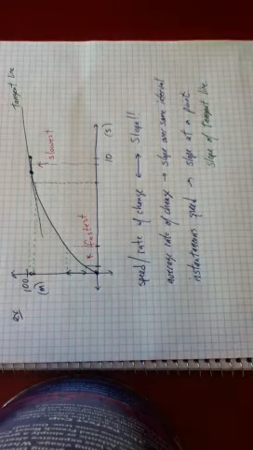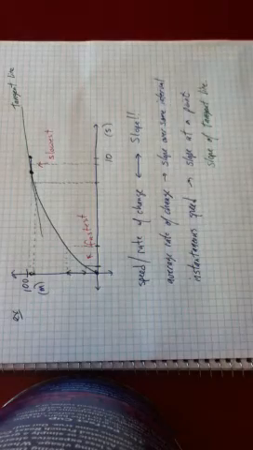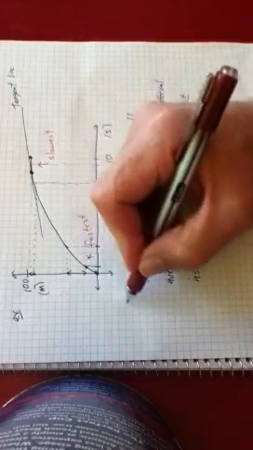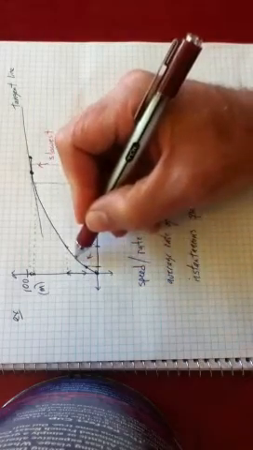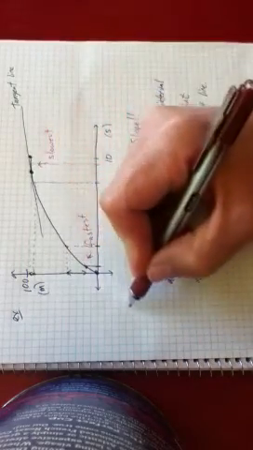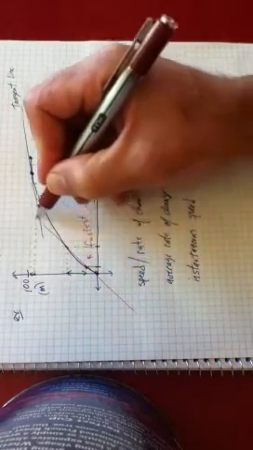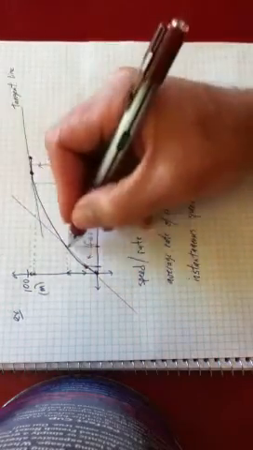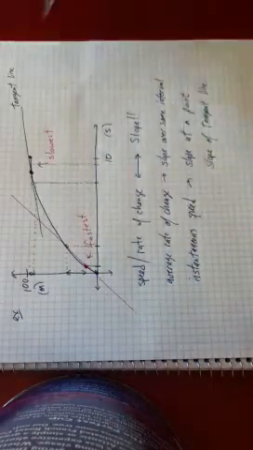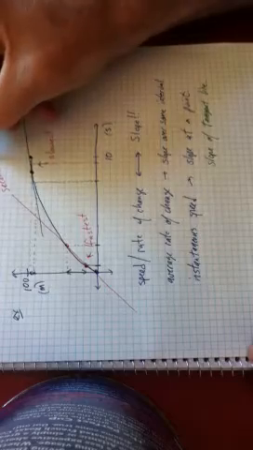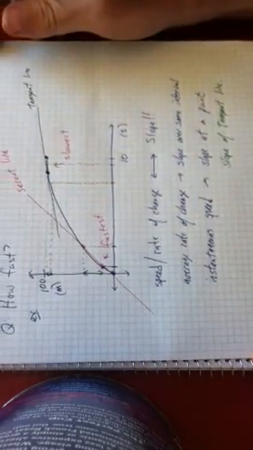We have the corresponding concept as well of slope. What if we take the slope in between 2 points like this, and this line, instead of just touching at one point like a tangent line, touches at 2 points? If it touches at 2 points, that's called a secant line.